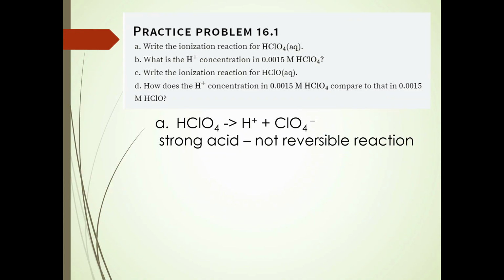Now, because it dissociates 100%, if I have a 0.0015 molar solution of perchloric acid, I actually have 0.0015 molar H pluses in there. For a strong acid, the H plus concentration is the initial concentration of the acid.